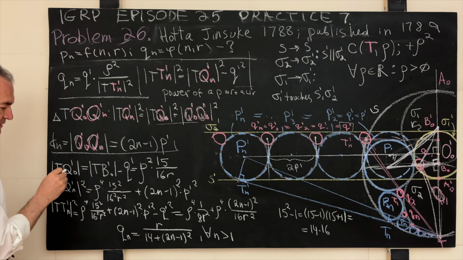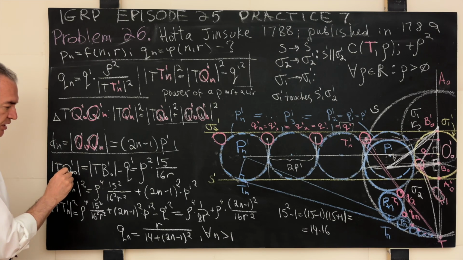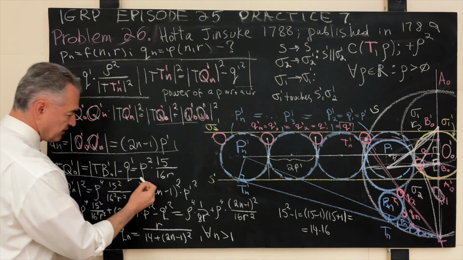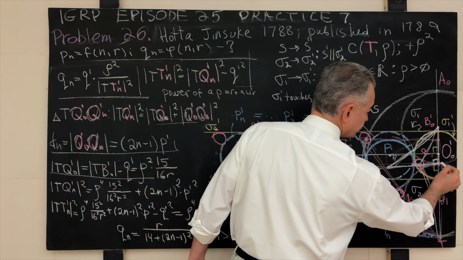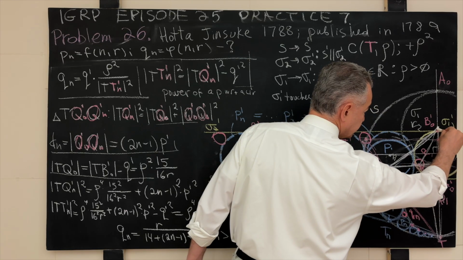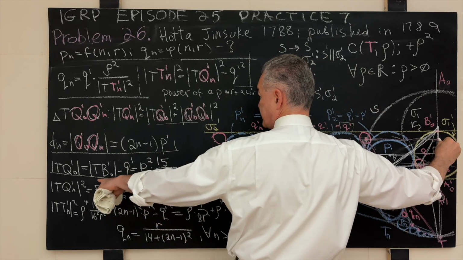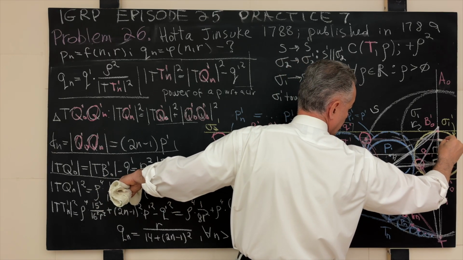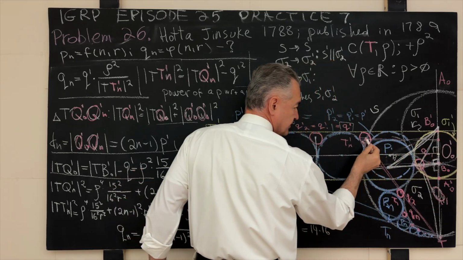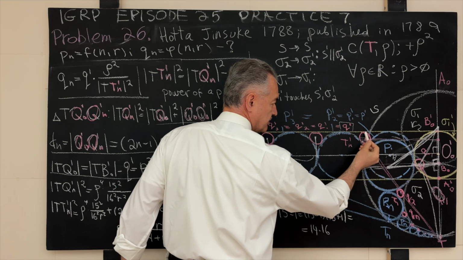The distance, I'm sorry, from the point T to the point Q prime O, represented right here as this distance T B prime 0, this distance, minus this distance right here, the radius of the circle Q prime, this distance right here.